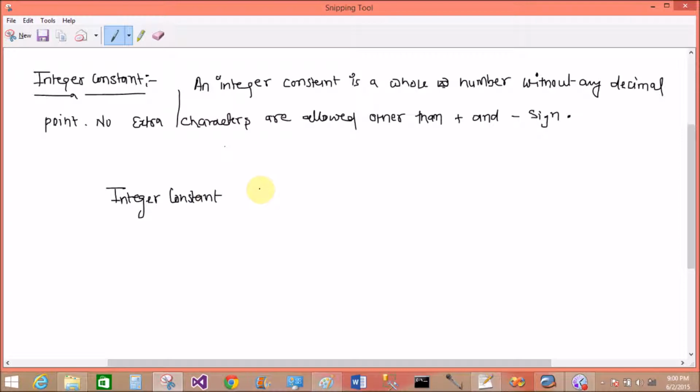So integer constants are also categorized in three parts: decimal integer constant, octal integer constant, and the third one is hexadecimal integer constant.